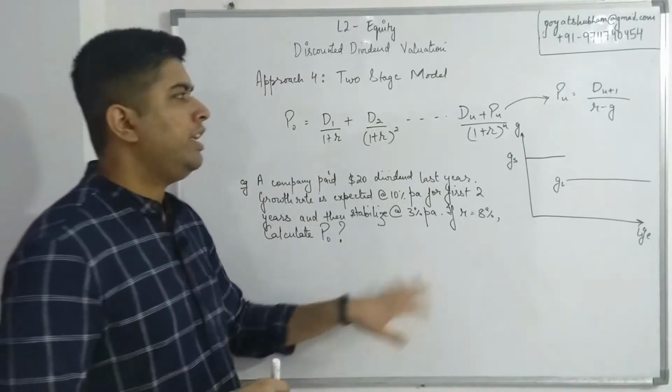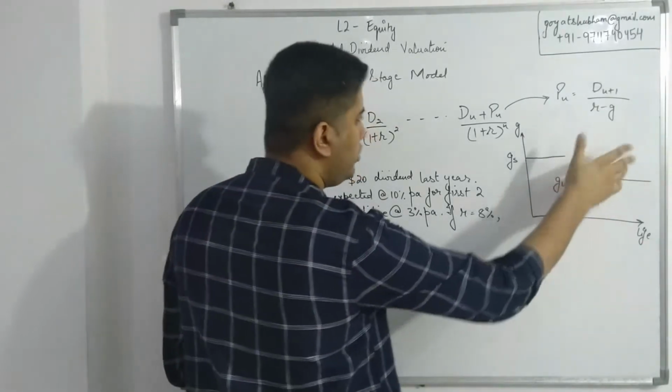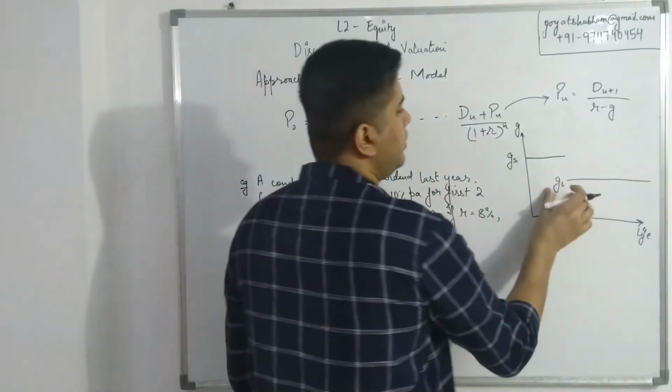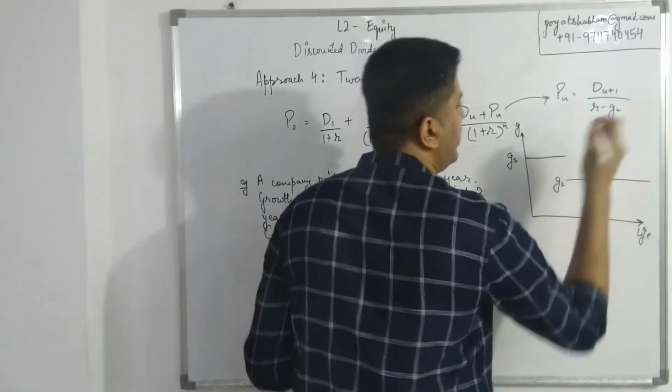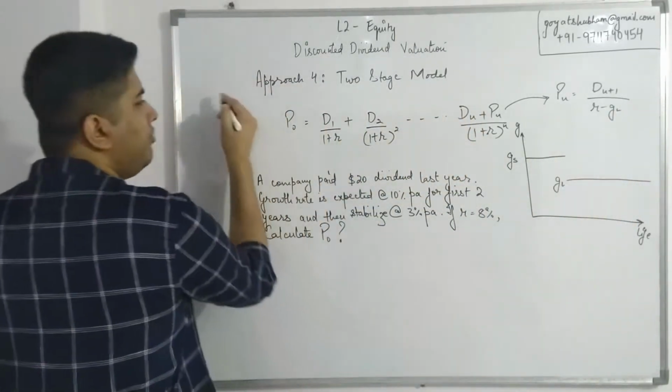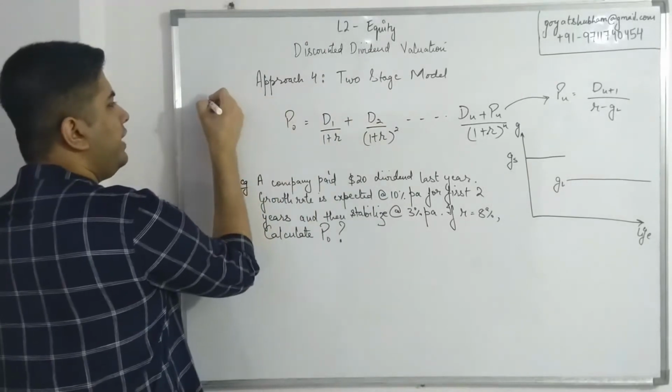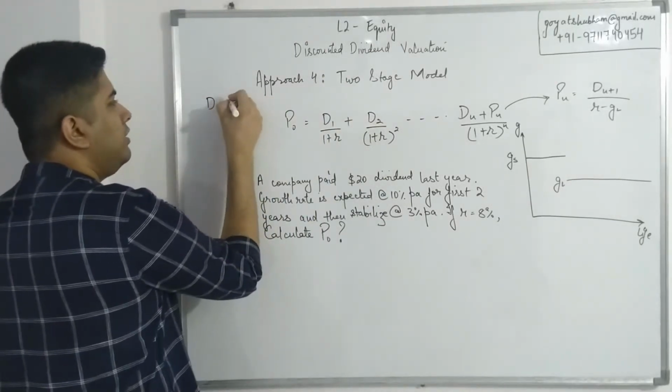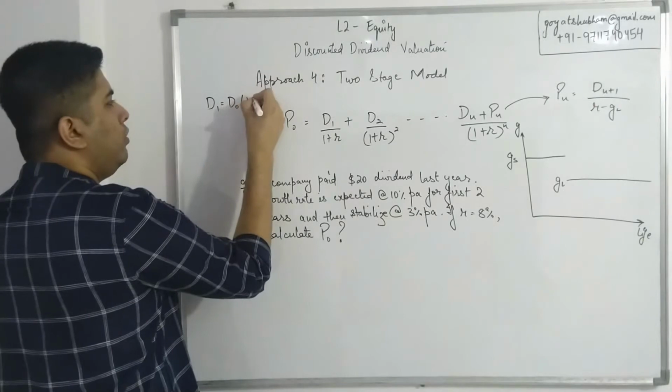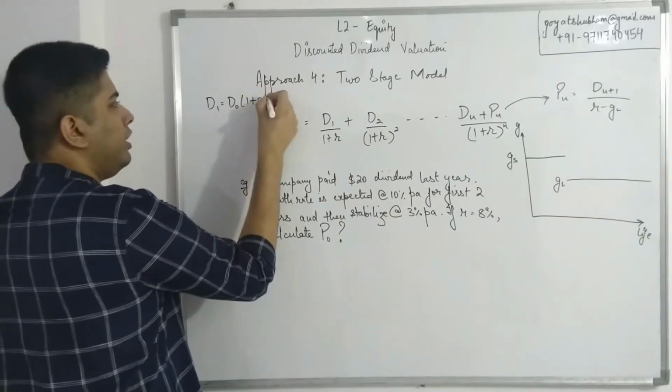One thing before we do the example, if you want to know the notations, then this is the long-term growth rate over here. And the way we calculate these dividends is fairly basic. You have D1 as D0, 1 plus short-term growth rate.